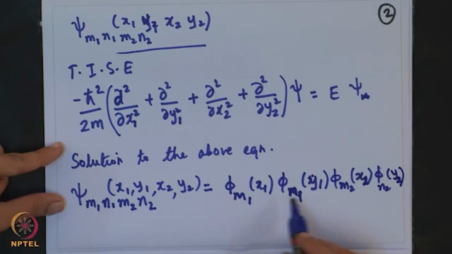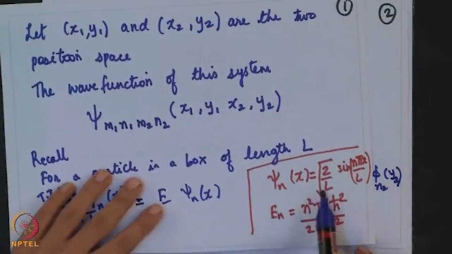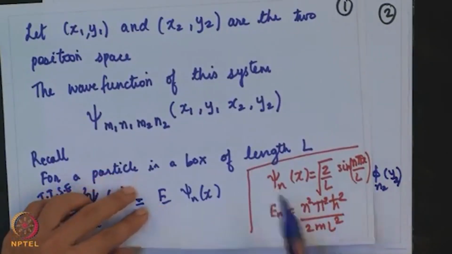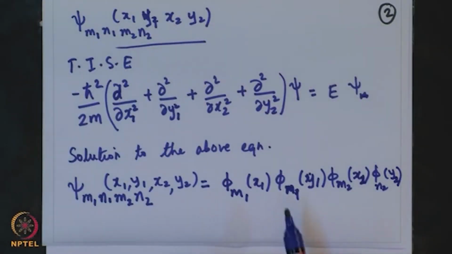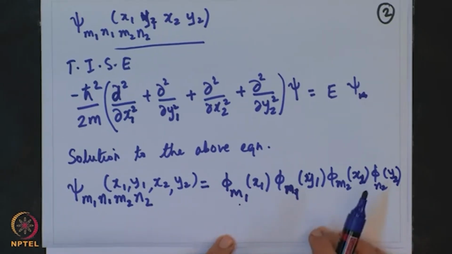Each of these wave functions corresponds to these values. For the first one, phi m1 x1, the wave function would be square root of 2 by L sin m1 pi x1 by L, and similarly the others would go.